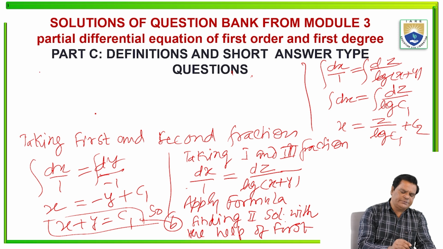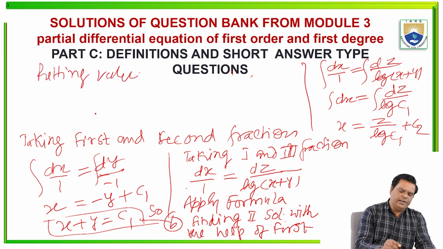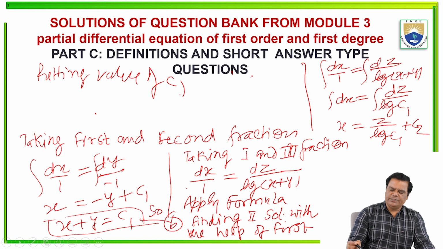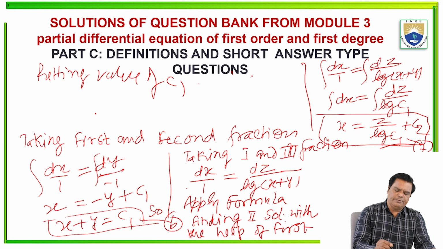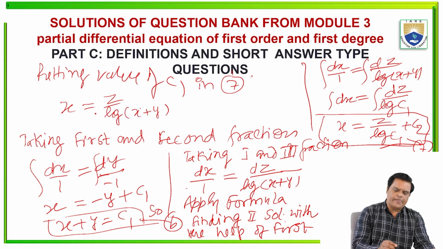This equation is 7. Putting c1 in 7, then we get x equal to z upon log of x plus y plus c2.